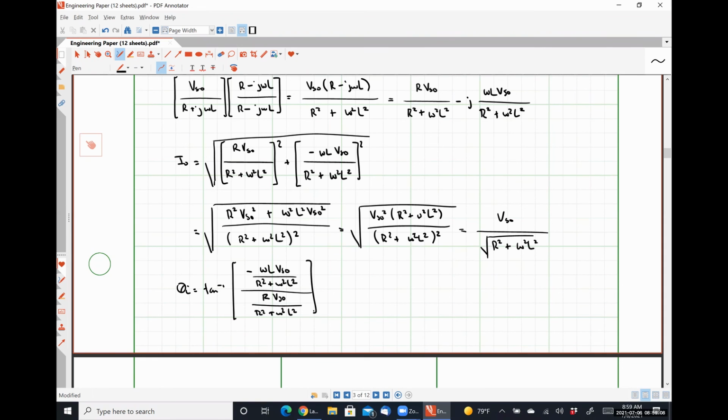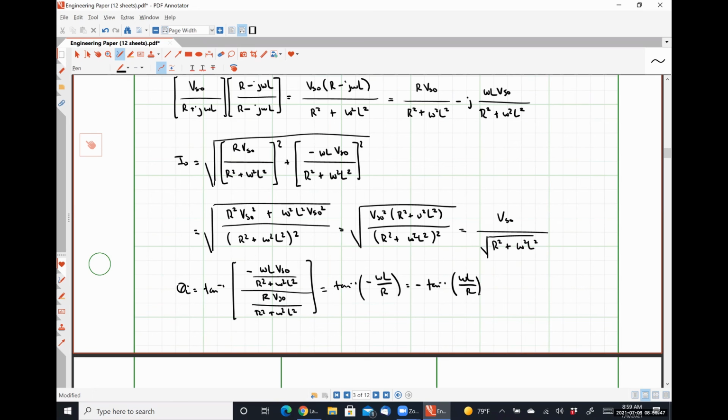And so we have a common denominator that cancels each other out, and we also have a common factor of Vs naught in each of the numerators, leaving us with the inverse tangent of negative omega L over R, which is the same as negative the inverse tangent of omega L over R, which is also the exact same result we got previously. So using the complex number method got us our answer in, I would consider, a considerably less amount of math.